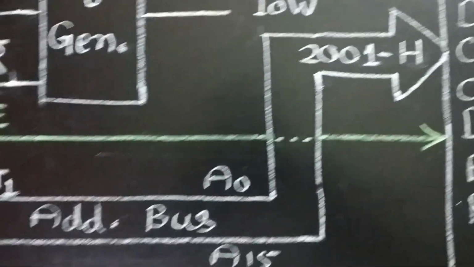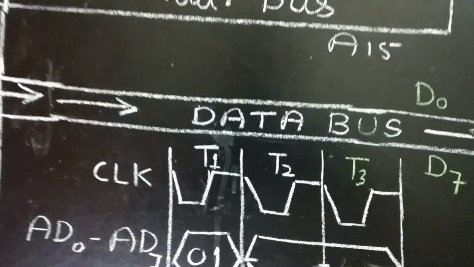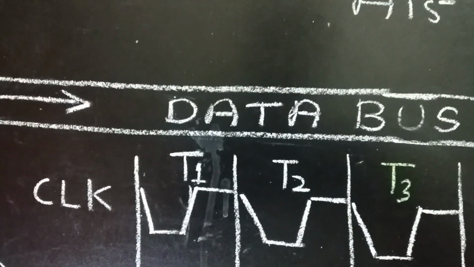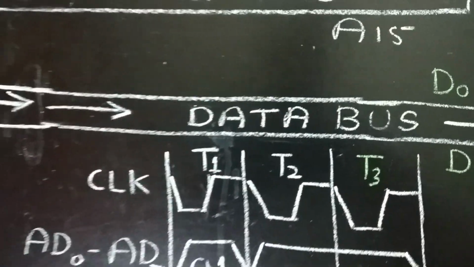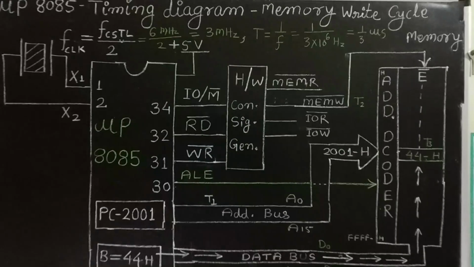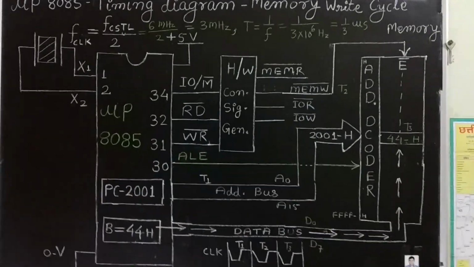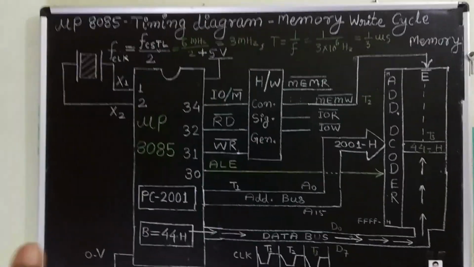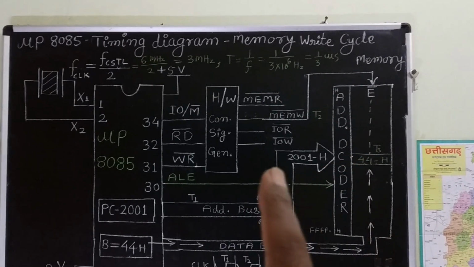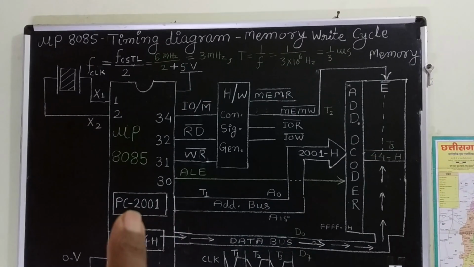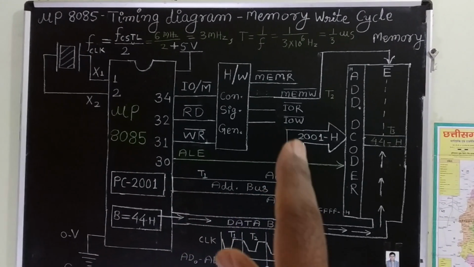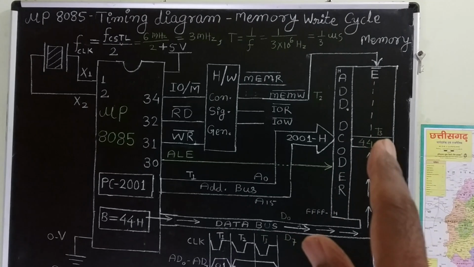Thus, during T1, T2 and T3, the different activities are carried out, and in this way the microprocessor transfers the data from, say, register B to the memory. Again, at the starting, during T1, the address is loaded to activate the location.